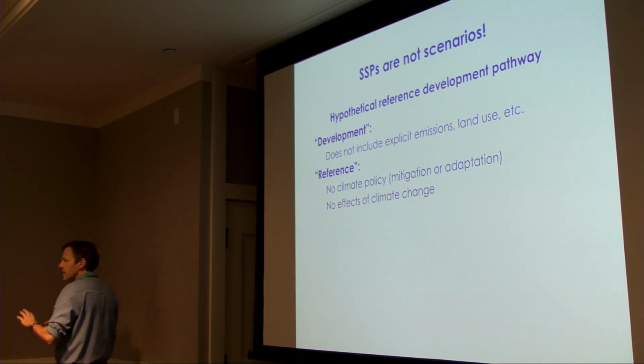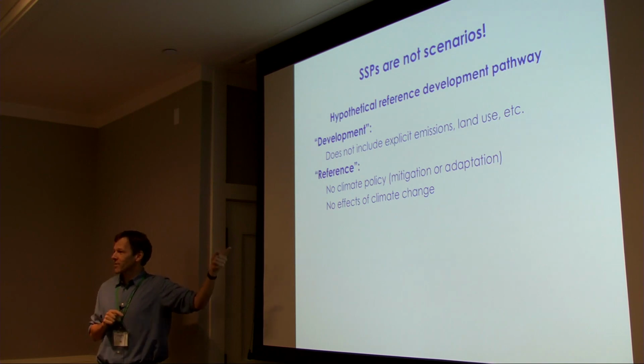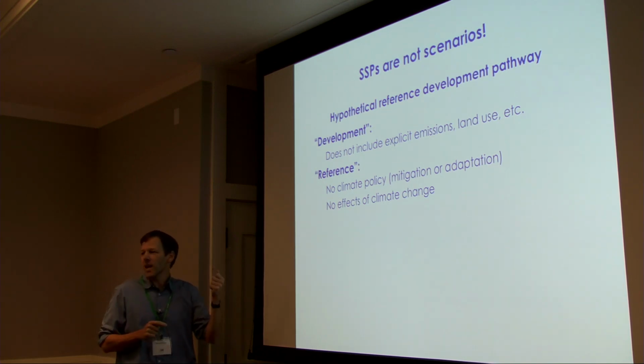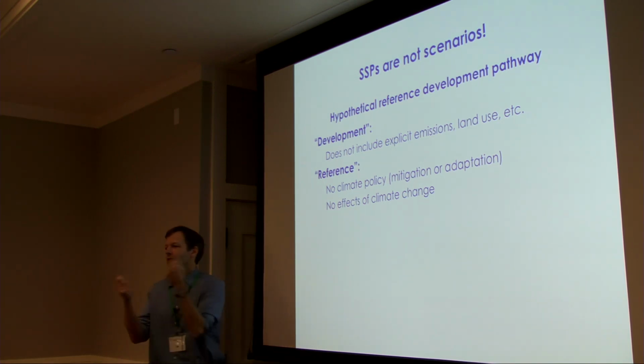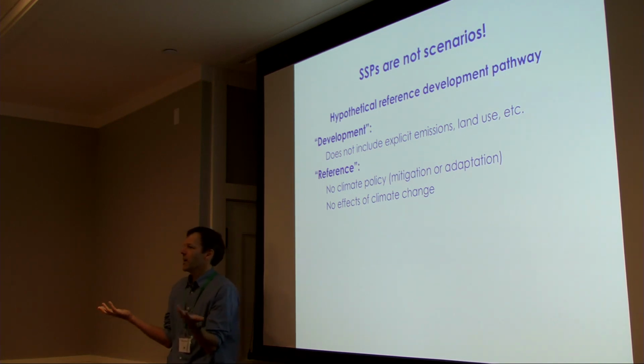And that's by design, because you want to use these as a starting point, one building block, to do many, many scenario analyses of all different kinds. So if you put this stuff in an SSP, you can't do the analysis. If an SSP developer hands you a scenario that says, here's an SSP with climate impacts on agriculture, go do your agricultural assessment, you say, well, it's already in there, so what do I do with that?